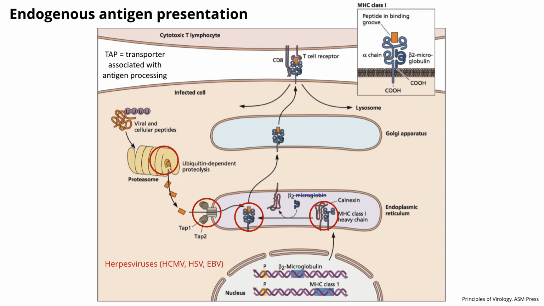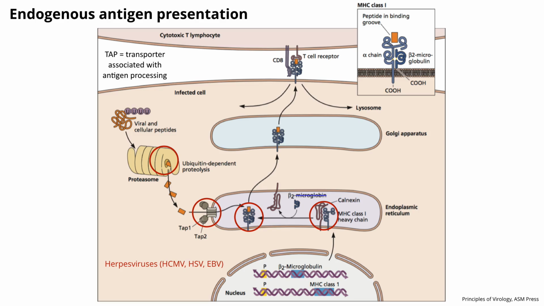It's essentially a channel through which the peptides go into the ER, and then they are loaded onto the class 1 molecule. The class 1 molecule, of course, is made by co-translational synthesis into the ER lumen. It's a transmembrane protein. The peptide is then loaded onto the class 1 molecule. The class 1 is shipped up to the cell surface through the secretory pathway, and it's displayed.